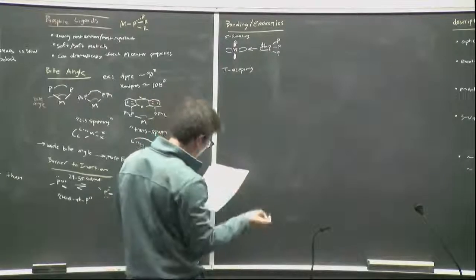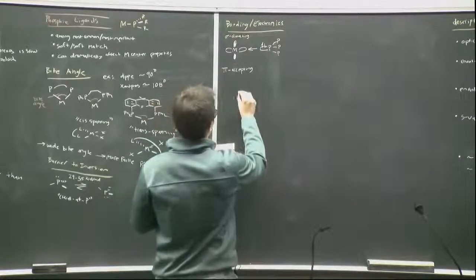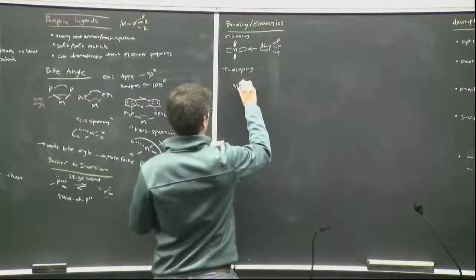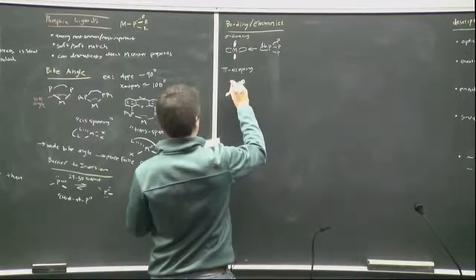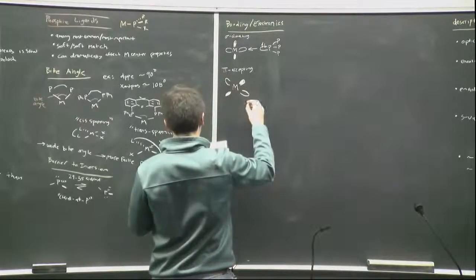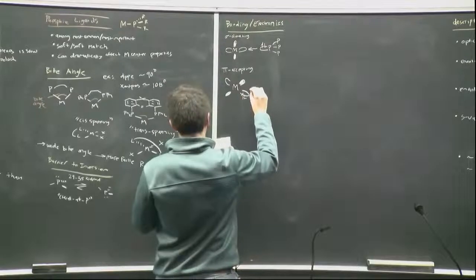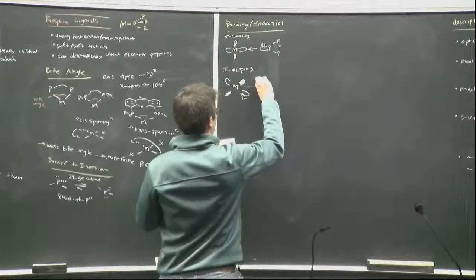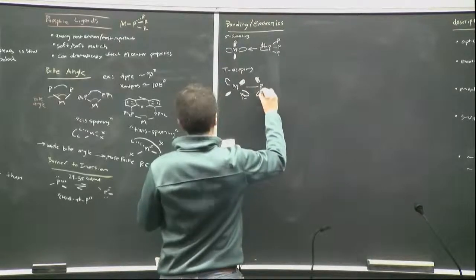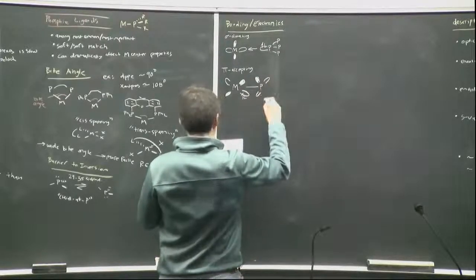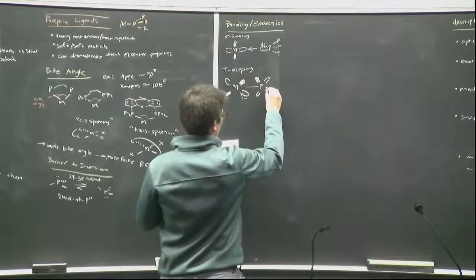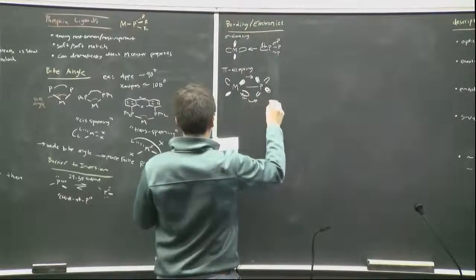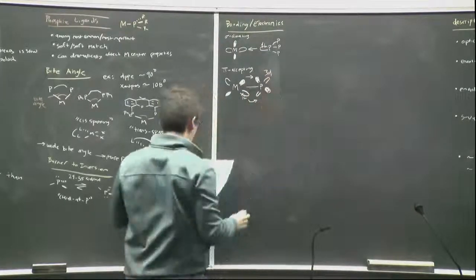But the nature of how they're pi accepting, the understanding of that has evolved a little bit over time. So initially, it was thought, so you can not write this down if you think it might confuse you. So this is sort of historically what people thought might be going on, was that a filled d orbital on the metal of the appropriate symmetry could donate into the unfilled 3d orbital on phosphorus.